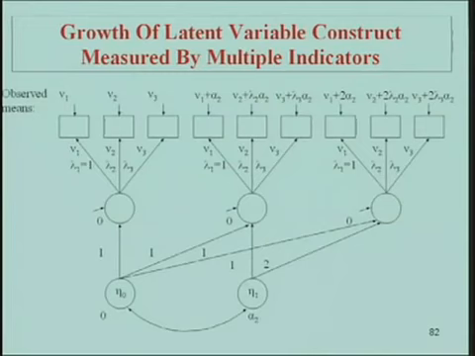So here you're really trying to use the detailed information from your measurement instrument. So TOCA, for instance, has 13, 15 items, and actually measures a couple of different dimensions, 2 or 3. This could be one of those dimensions and measured by a subset of the items.